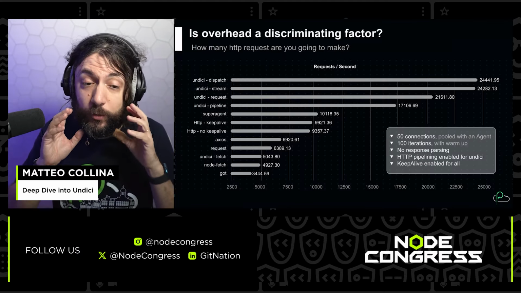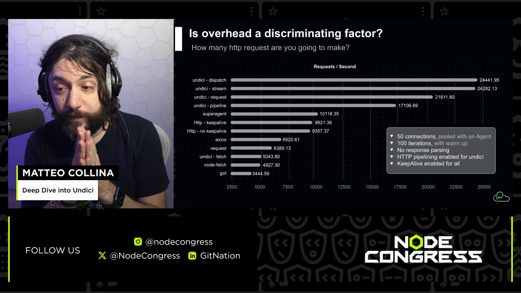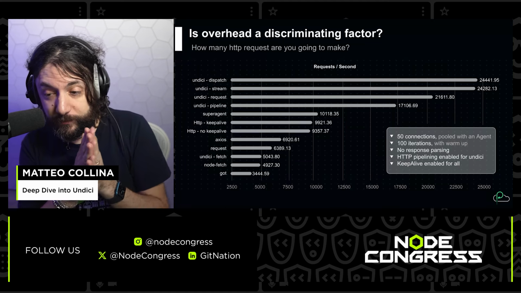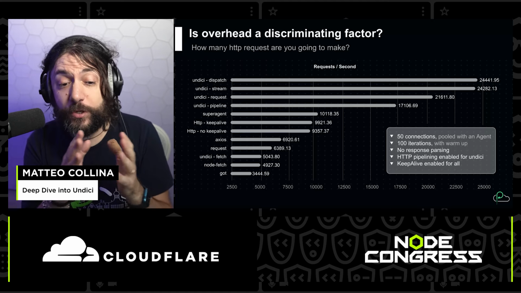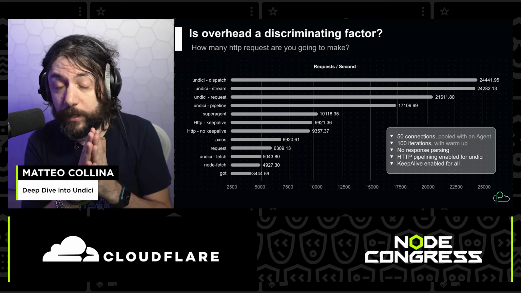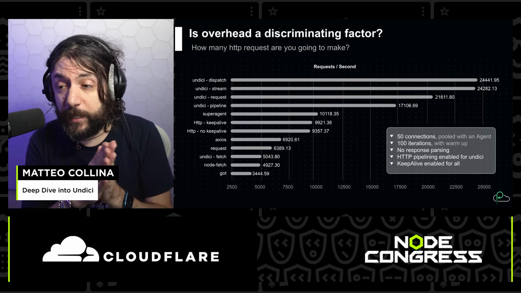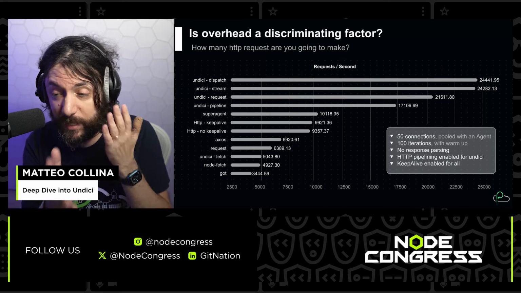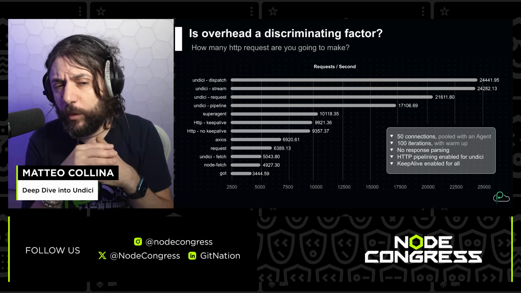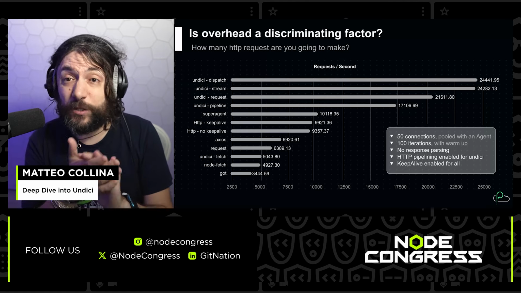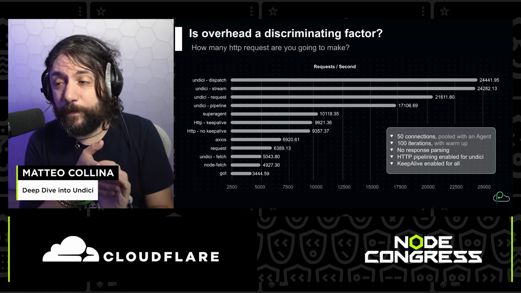Okay, let's talk about performance, because this is the critical stuff. The numbers are really significant here. Undici is pretty much unconstrained. On this testing system, you can actually use one of the lowest level APIs, Undici.dispatch, but to be honest, this is not what you should be using. It's the underlying bit.